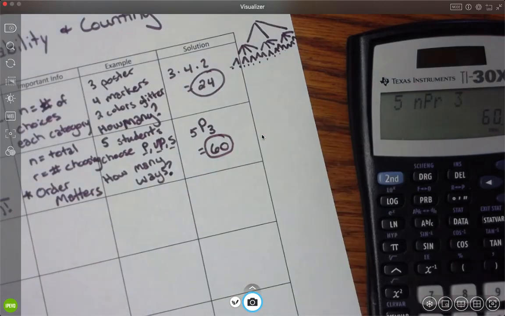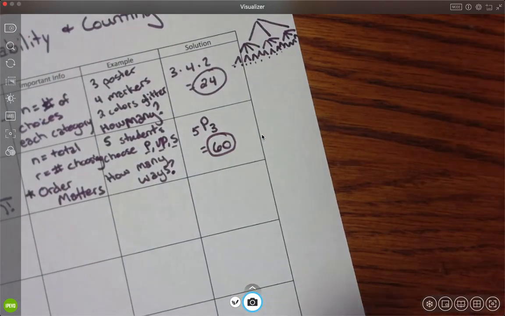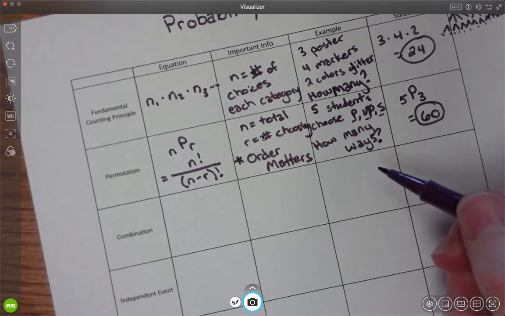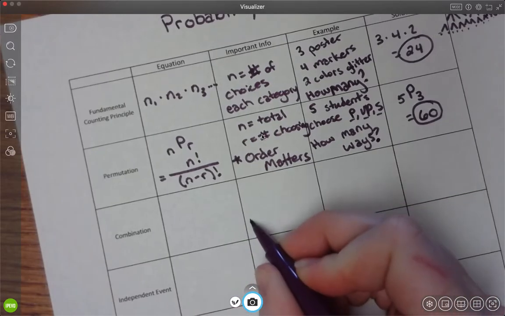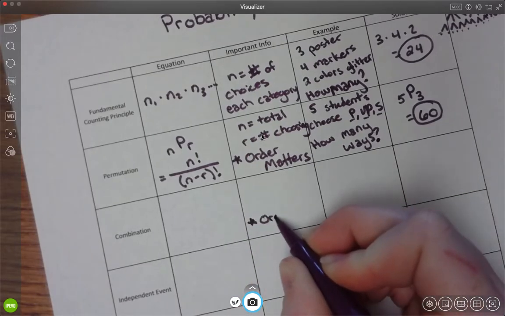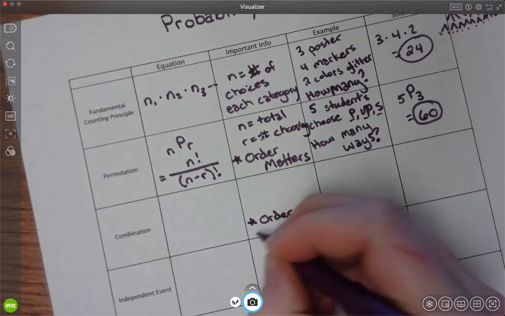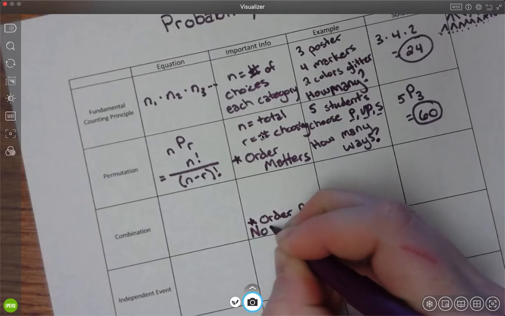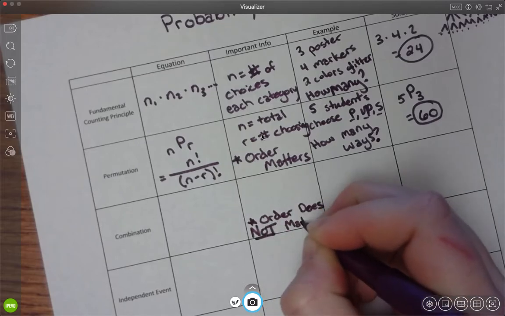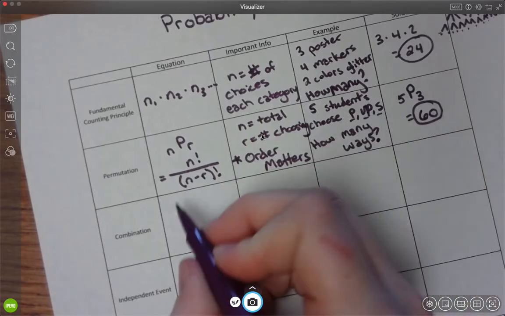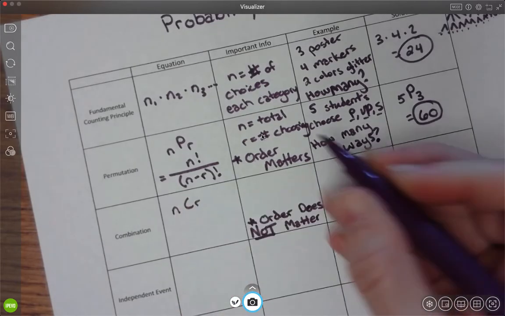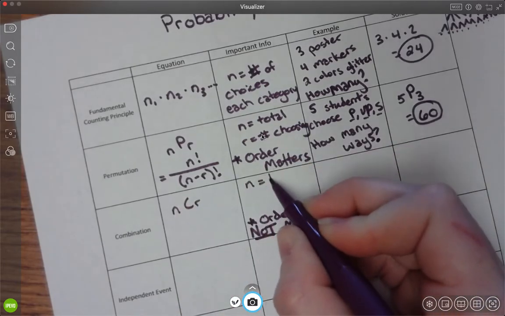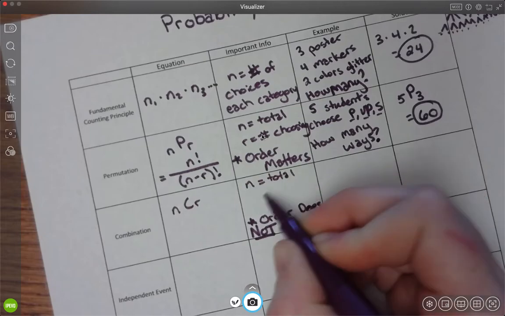Okay. All right, then if I go to combination, combination is one where order does not matter. Okay. Still have nCr, and we have n equals the total, r equals the number that we're choosing.